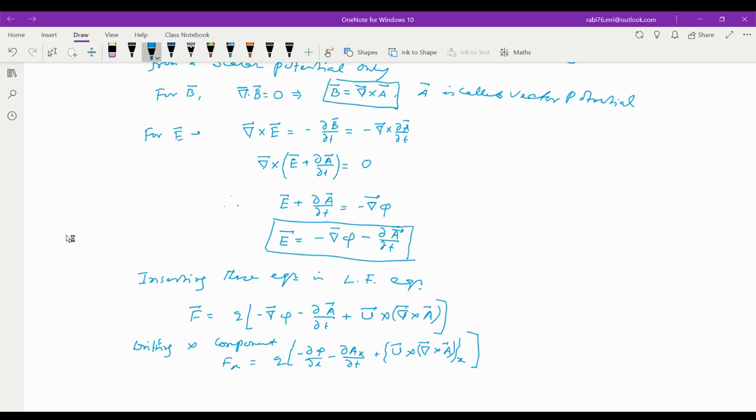I am writing this as x component. এখন এইটা আমাদের ডিরাইভ করতে হবে. We have to derive this equation.